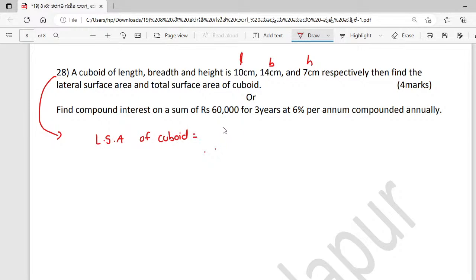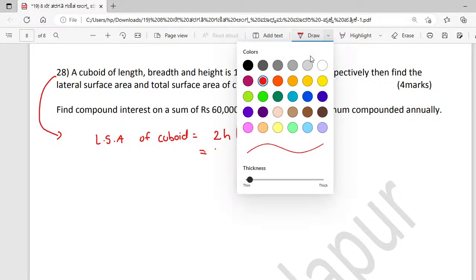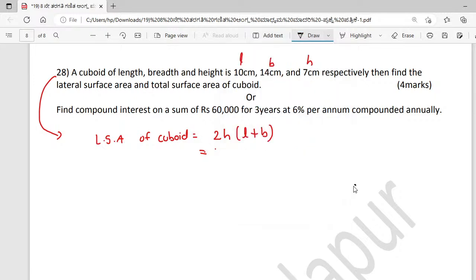What is the formula for the lateral surface area of a cuboid? It is 2h(l + b). The next part is to substitute the values of length, breadth and height.